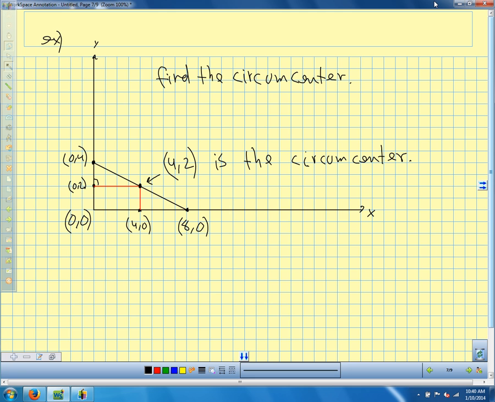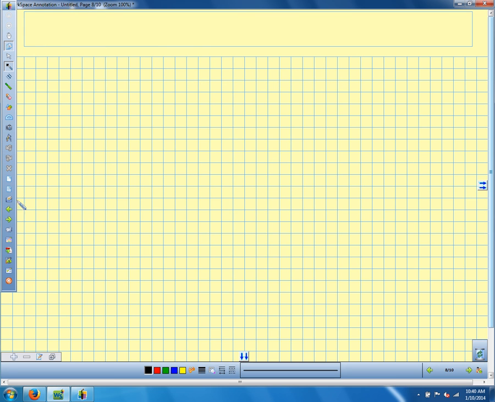So if we have a nice triangle on a graph, we can use the graph to find our circumcenter. Questions on that example? All right, let's do one more quickly.